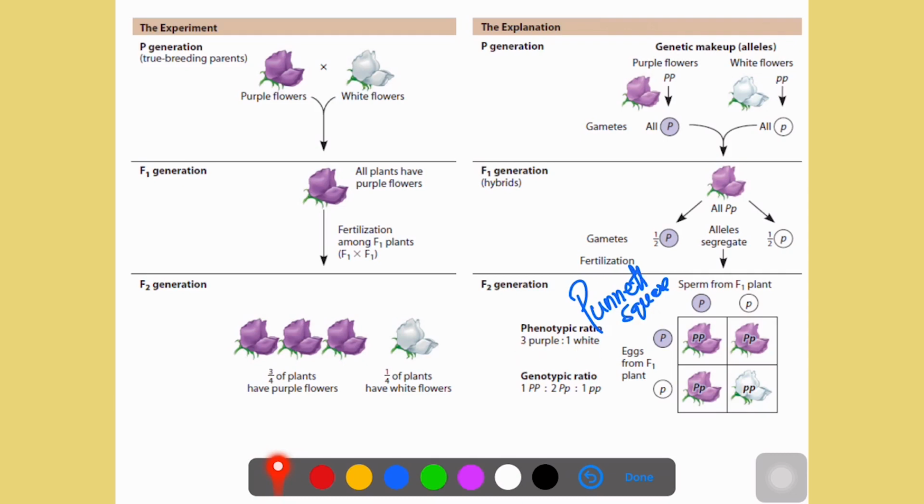The 3:1 ratio is a monohybrid cross ratio, and the 1:2:1 ratio is also a monohybrid cross ratio. But what you have to remember is the 3:1 ratio is the monohybrid ratio for phenotypes, whereas 1:2:1 is the monohybrid cross ratio for the genotypes of the F2 generation. So with this, we have concluded this particular lesson on Mendel and his monohybrid cross.